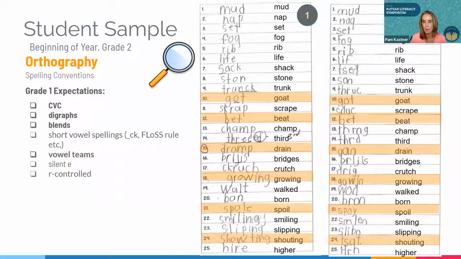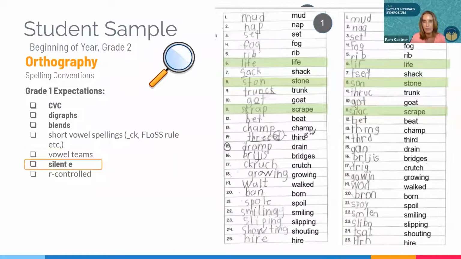So knowing the scope and sequence that students have been taught in terms of vowel, consonant E and vowel teams, it's really important to understand whether the students have been taught this skill and then they're not representing it and it needs to be retaught. Again, when we look at the lens of silent E through the spelling inventory, we see, again, very similar responses from both student 1 and student 2, that they're using letter names in most cases to represent a long vowel spelling.